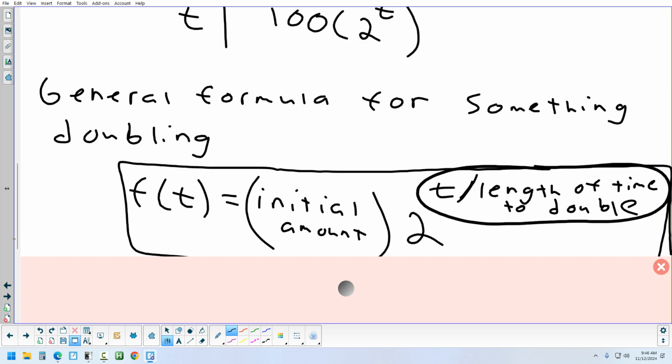Okay? So if something, say, doubles every 24 hours, you can't say that in 24 hours it doubles 24 times, because it's only doubling once every 24 hours. So this is, I guess you could say, the number of times it has doubled.